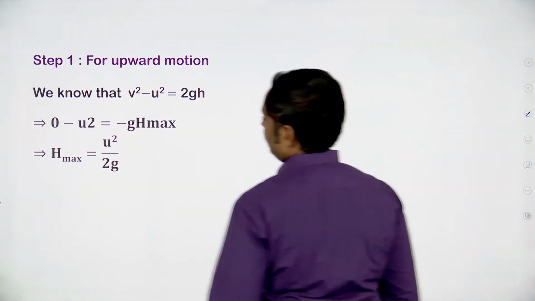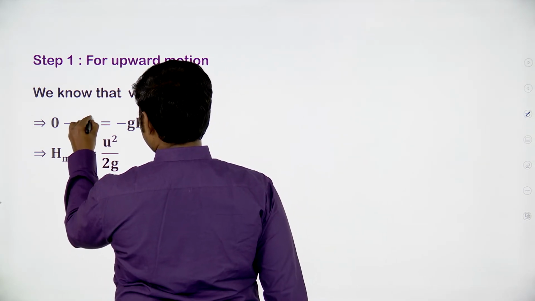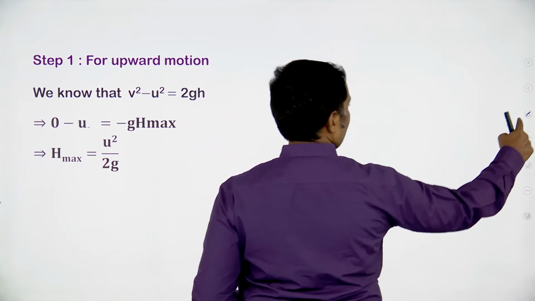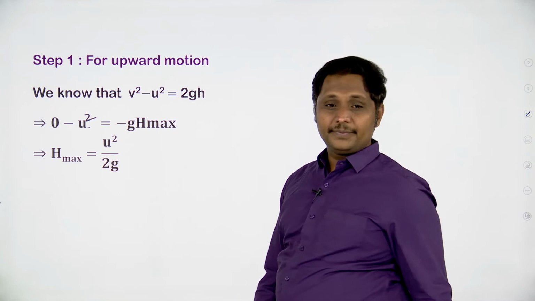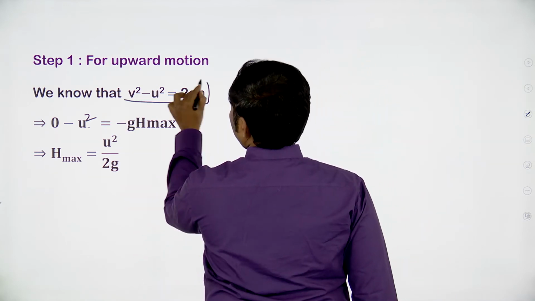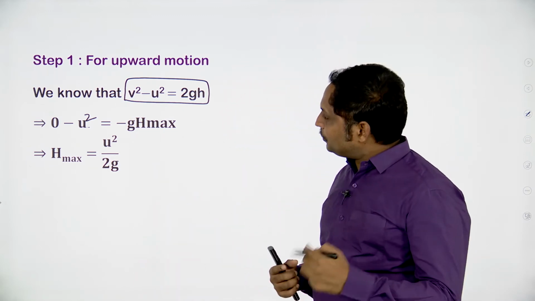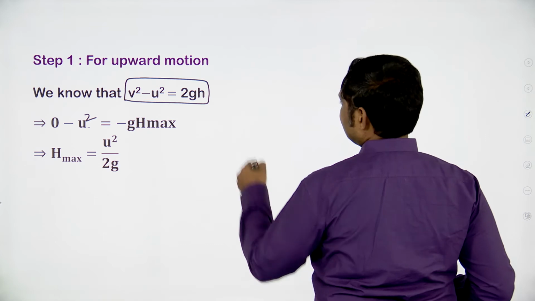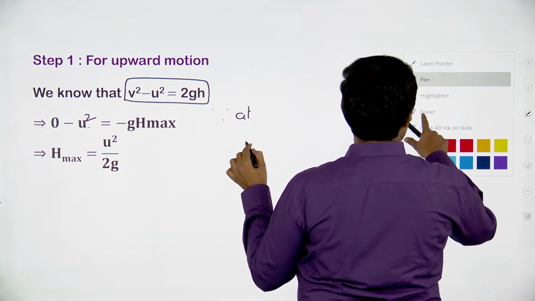You are going to get H maximum, this is going to be U square. So this is the equation of motion we are going to consider. Now we would like to take that at maximum height.